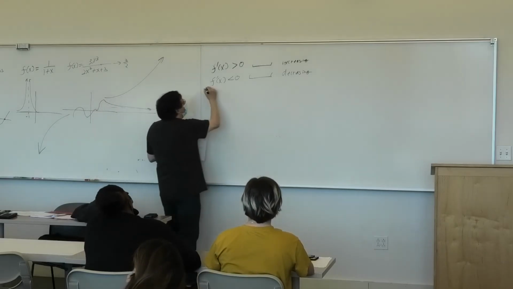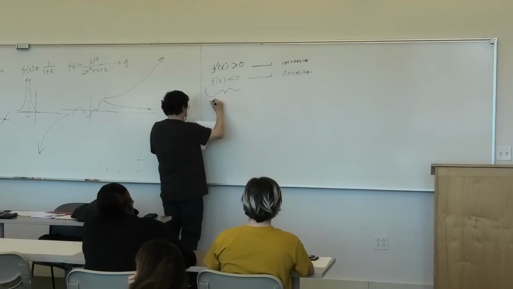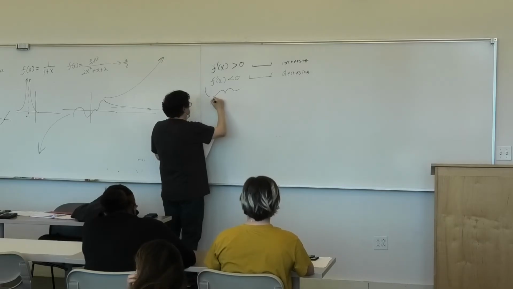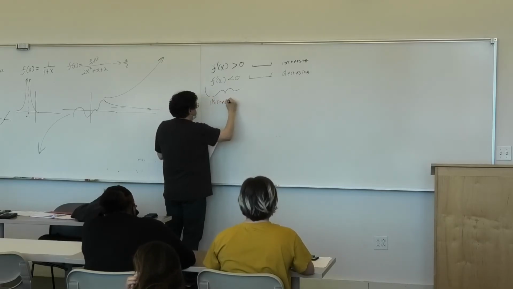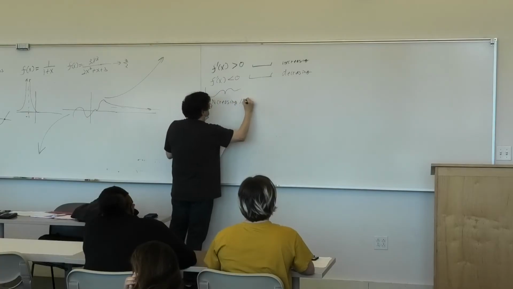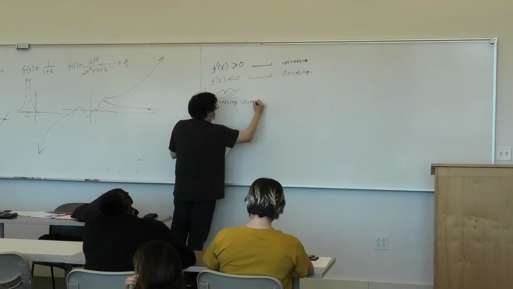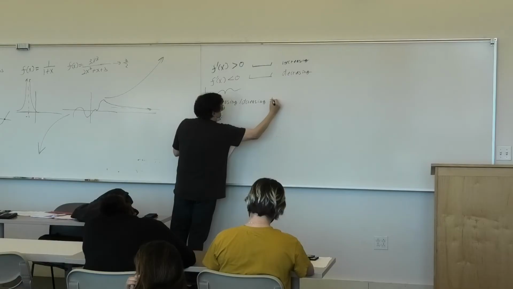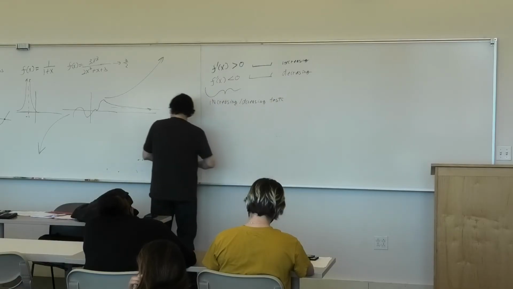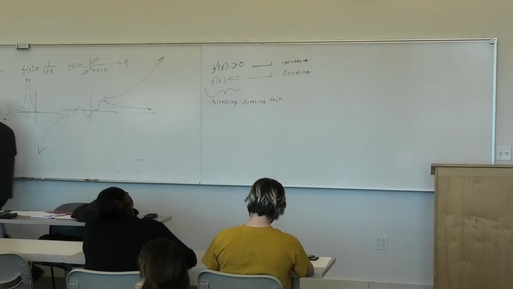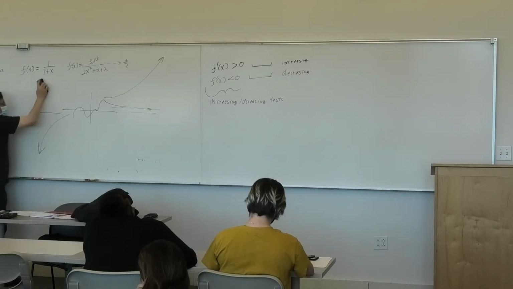The book calls this the increasing decreasing test. So let's take a look at some example of how that might work for some function.